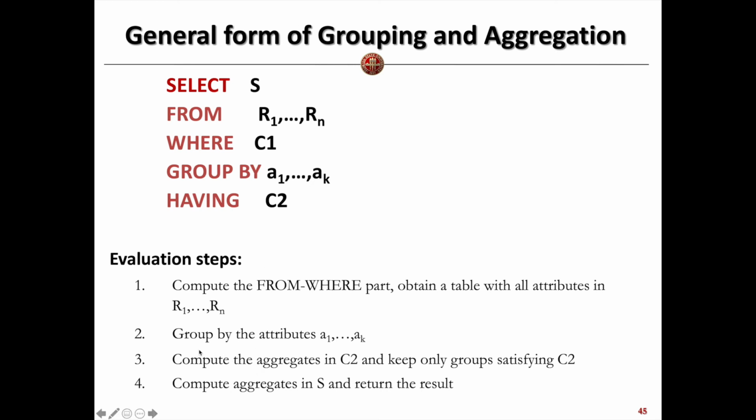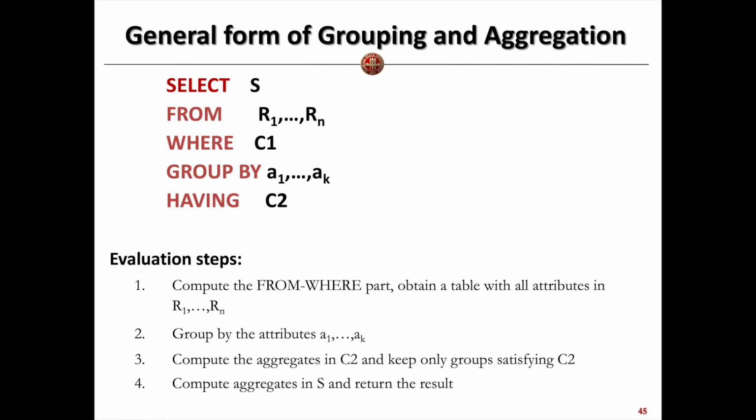And then step 2 will be the grouping based on attributes A1 to AK. And after we do the grouping, for all the groups, we have C2 denoting the conditions. We compute the aggregates in C2 and keep only the groups satisfying the C2 condition. In other words, this C2 condition will be used to eliminate some groups.